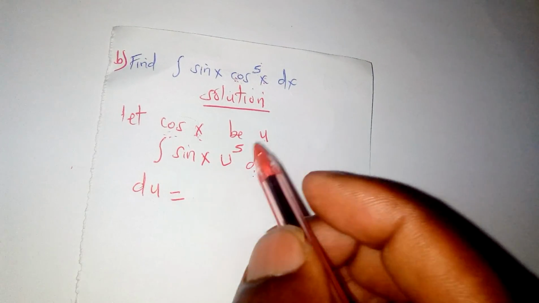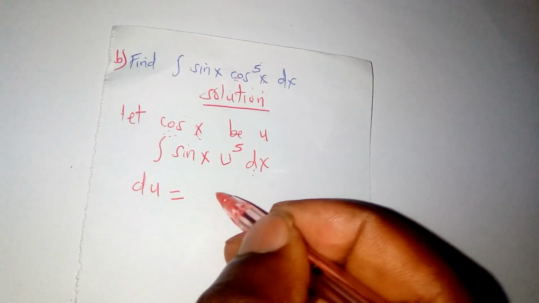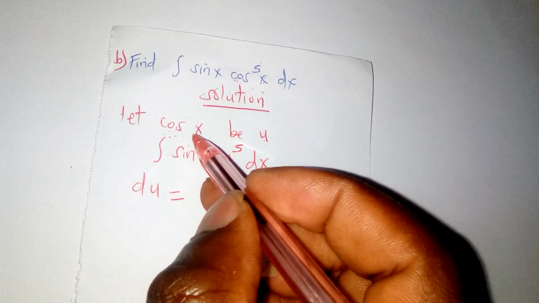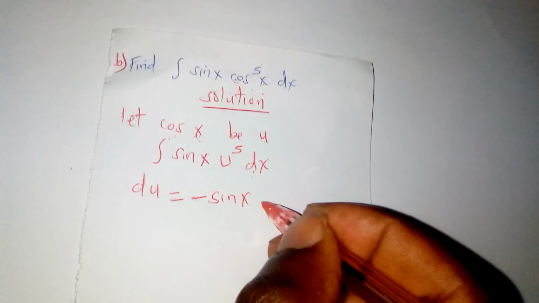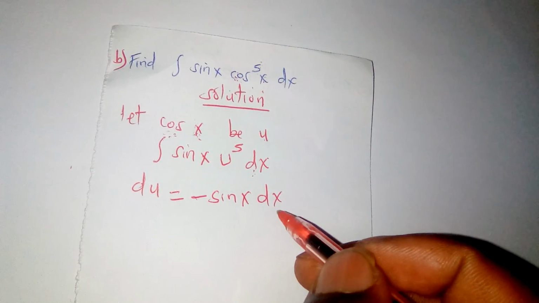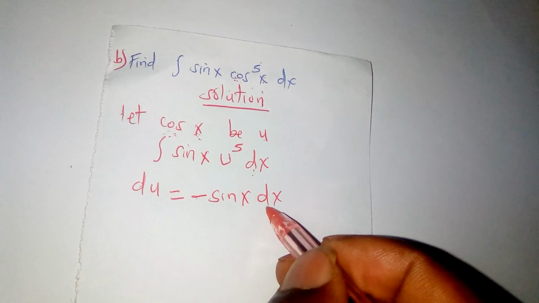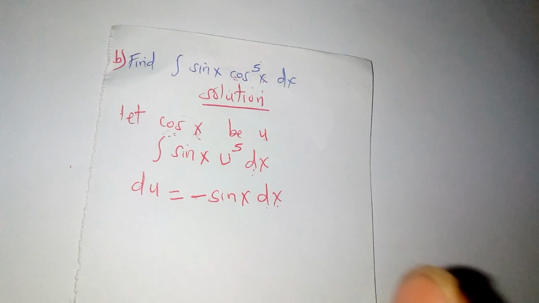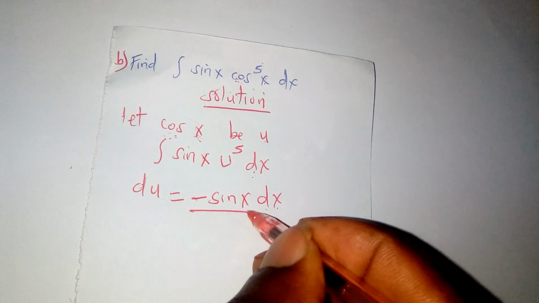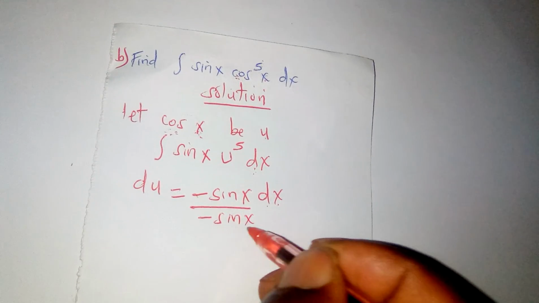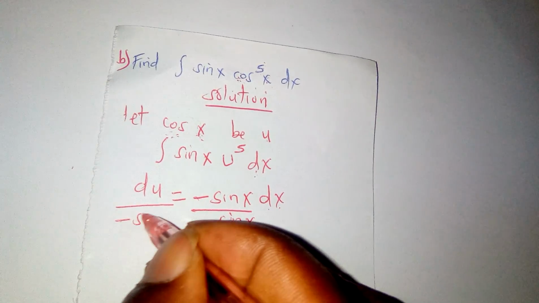And therefore, the way I've said, when you differentiate cos x, it is negative sine x dx. But remember, I've told you that I want to ensure that this dx is on its own side. How can I make it to be its own side? By dividing by negative sine x.